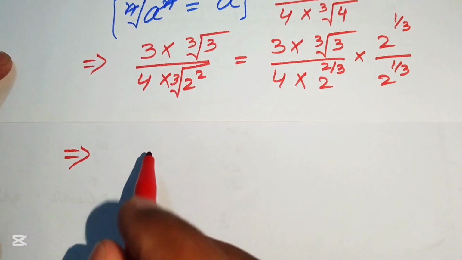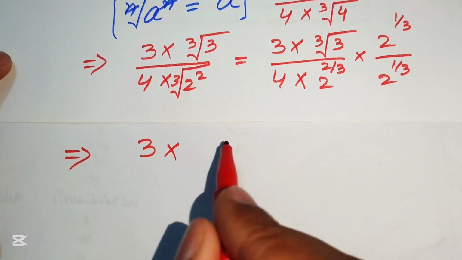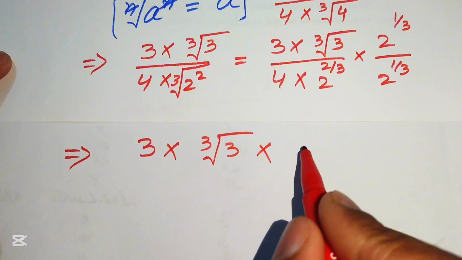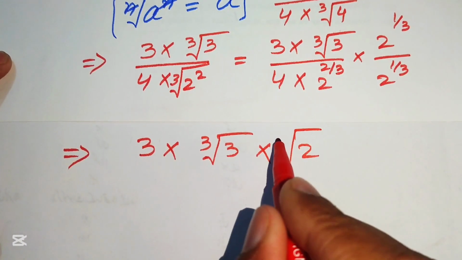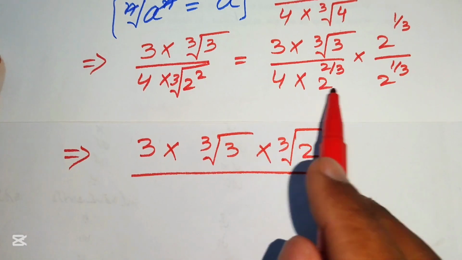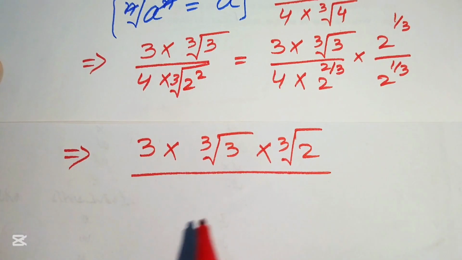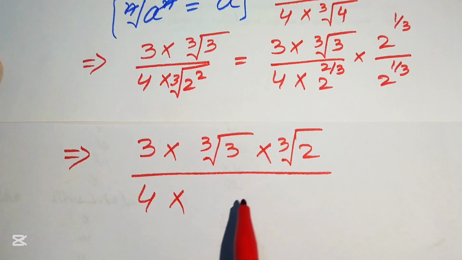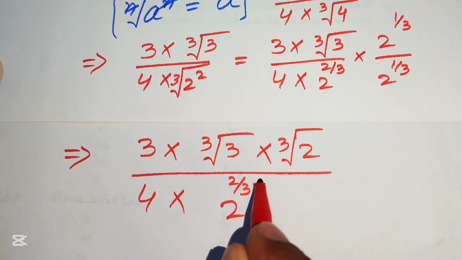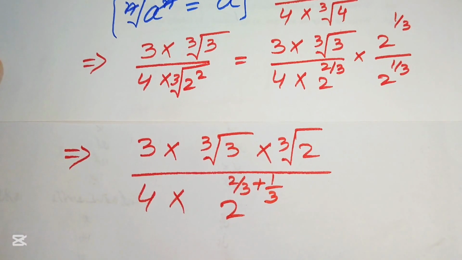So we write this 2 to the power of 1 over 3 in the cube root form. We write it as the cube root of 3 multiplied by the cube root of 2, and divided by, here you see that the bases of both of these terms are the same, so we add the exponents, and it will be written as 2 to the power of 2 over 3 plus 1 over 3.